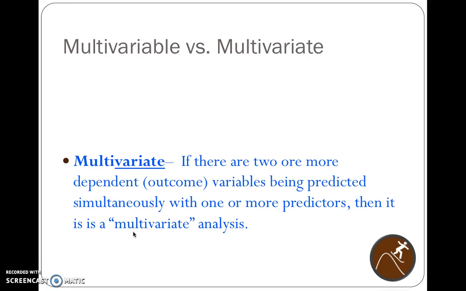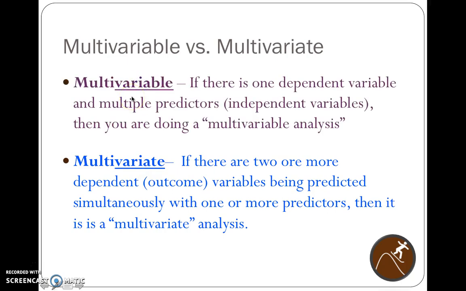Next, we're going to compare multivariate versus multivariable. That's a set of terminology that some people will use. You might see it in the scientific literature, sometimes misstated, but generally speaking, most biostatisticians will use the term multivariable to describe situations where we're trying to predict a single outcome or a single dependent variable using multiple predictors.